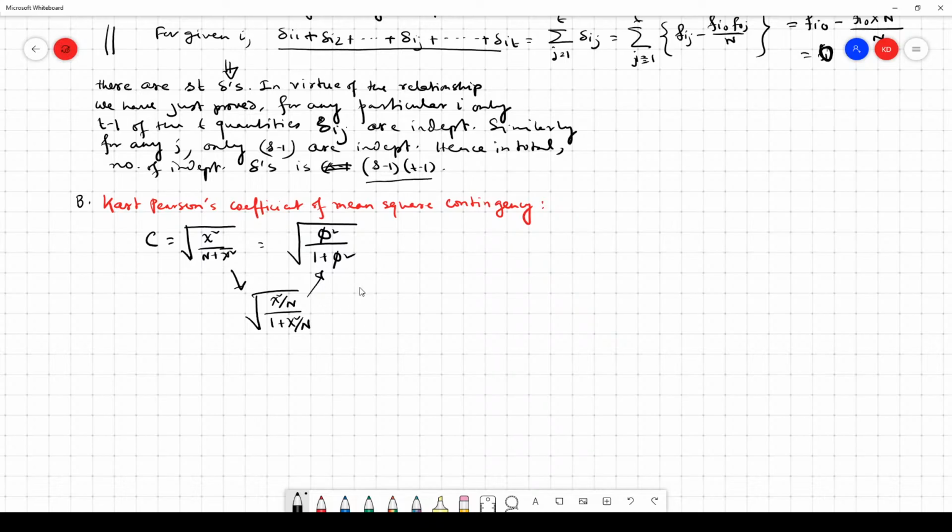As you see, as N increases, if we look at phi, phi square should be chi square by N. Then we see that as N increases, this phi tends to 0. Okay.